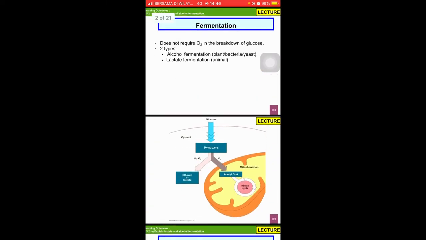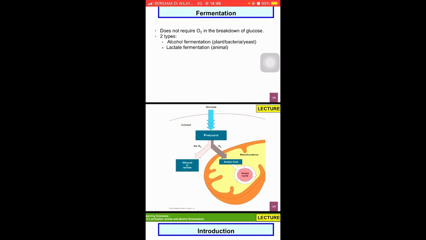So, macam yang kita dah belajar before ni, yang kita fokuskan kalau ada kehadiran oksigen kan. So, kalau adanya kehadiran oksigen ni, pyruvate ni akan terus melalui proses link reaction dekat mitokondria ni untuk menghasilkan acetyl-CoA. So, bila dah hasilkan acetyl-CoA, dia akan teruskan proses Krebs cycle dekat mitochondria matrix.